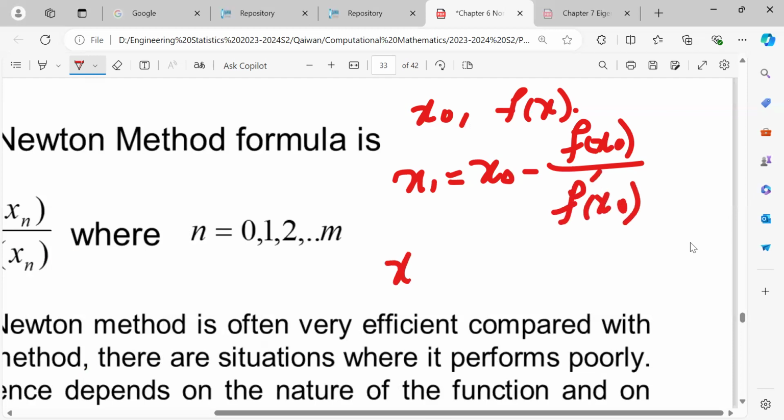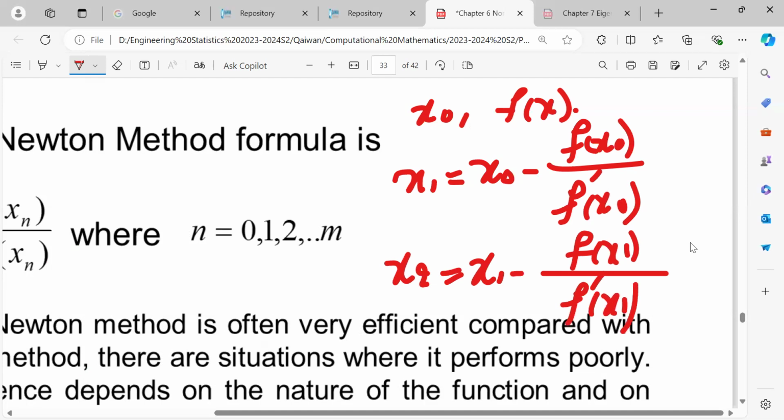Then for finding x2, it's the same formula, but we always use the last x value. The last x value is x1. We need it for finding x2. It is x1 minus f of x1 divided by f prime at x1.